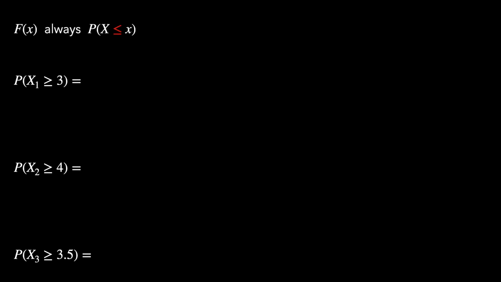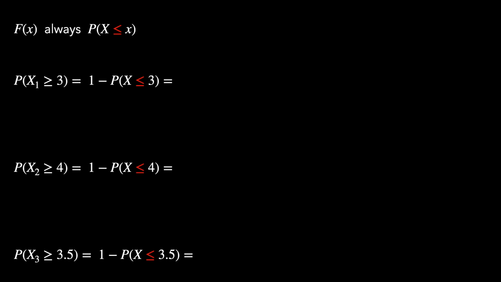Now remember, when we say capital F of x, the CDF, we're always saying that that's the probability that x is less than or equal to some value. But all of the probabilities we're looking for are asking for the probability of greater than or equal to some value. So, knowing what we just talked about, it's very simple. All we have to do is 1 minus the opposite to get what we're looking for.